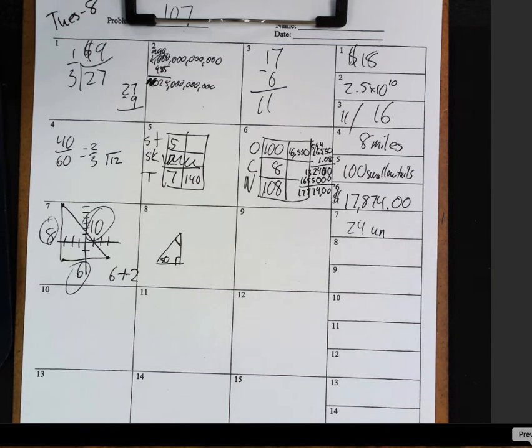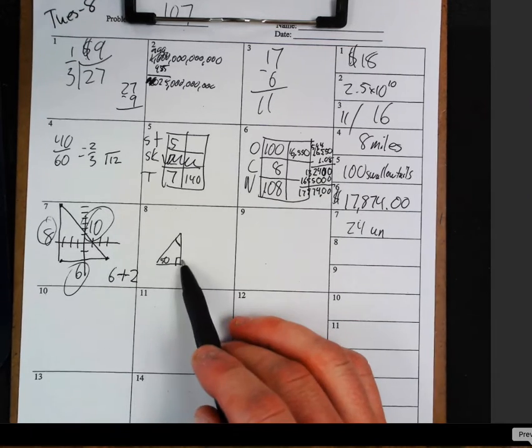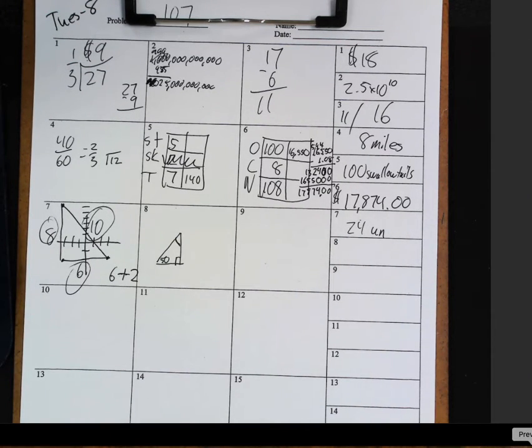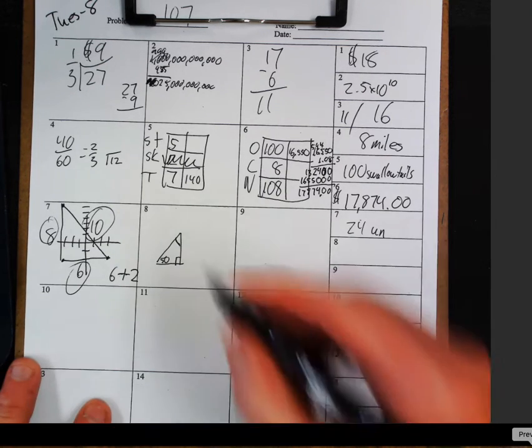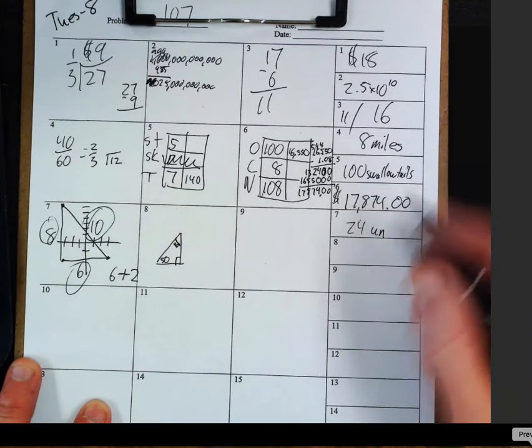You're doing 180 minus 50 minus the other angle, which is 90. So you got your 90 plus 50 is 140. 180 minus 140 is 40 degrees. So my first answer is 40 degrees.